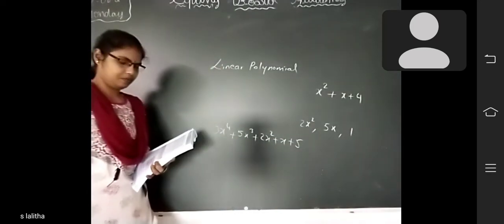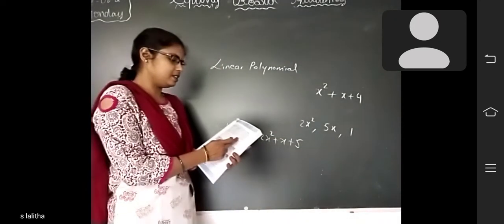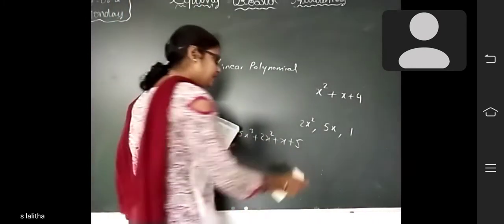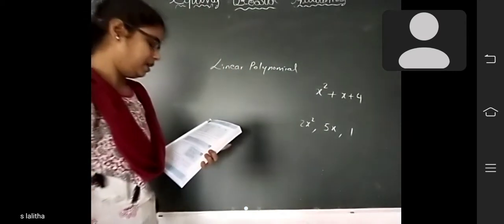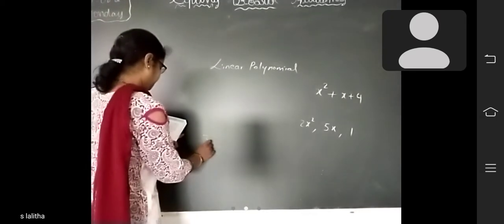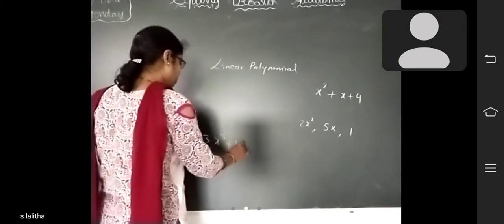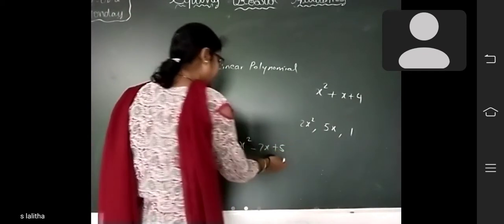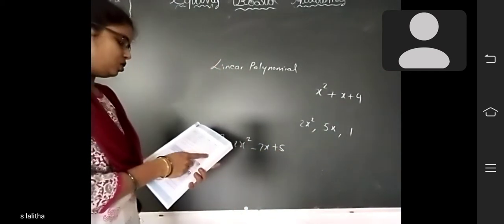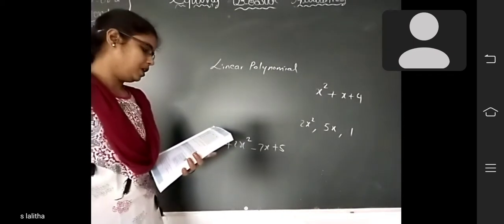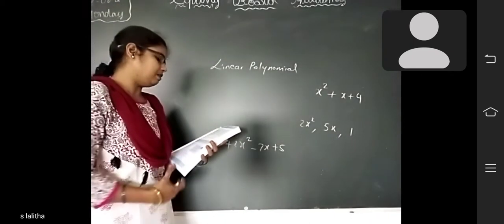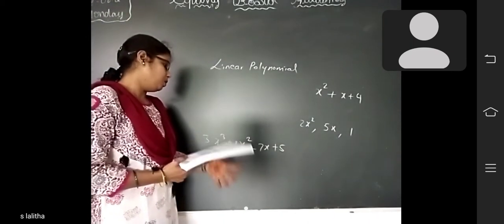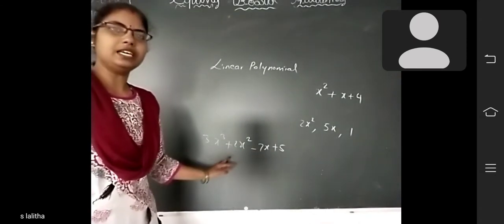Here some terms are given, so you can use those terms: 3x cube plus 2x square minus 7x, comma, 5. So more than 3, what do you call? Multinomial.